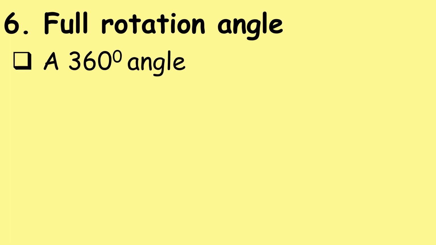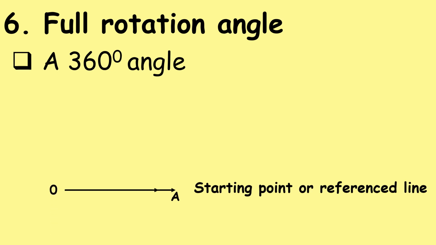Now let's look at a full rotation angle. Full rotation means starting from 0 and going all the way to 360 degrees. A circle has a 360-degree angle, that is starting from OA and then going a full turn all the way to OB.